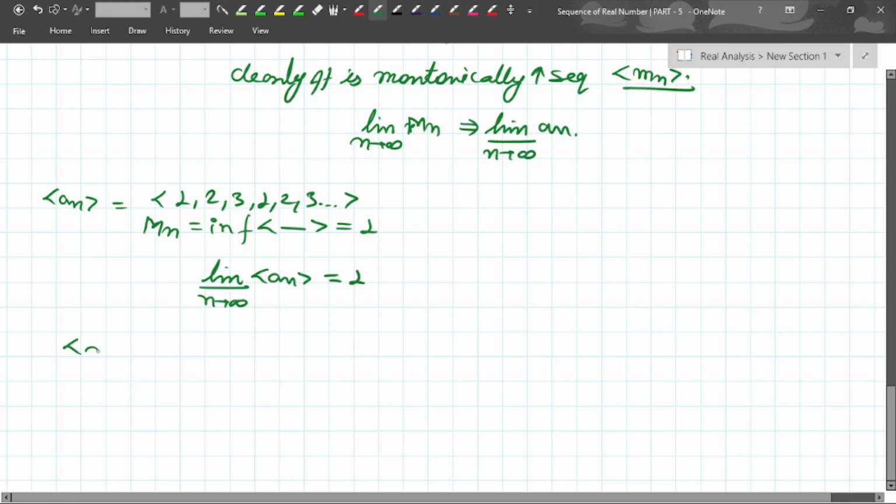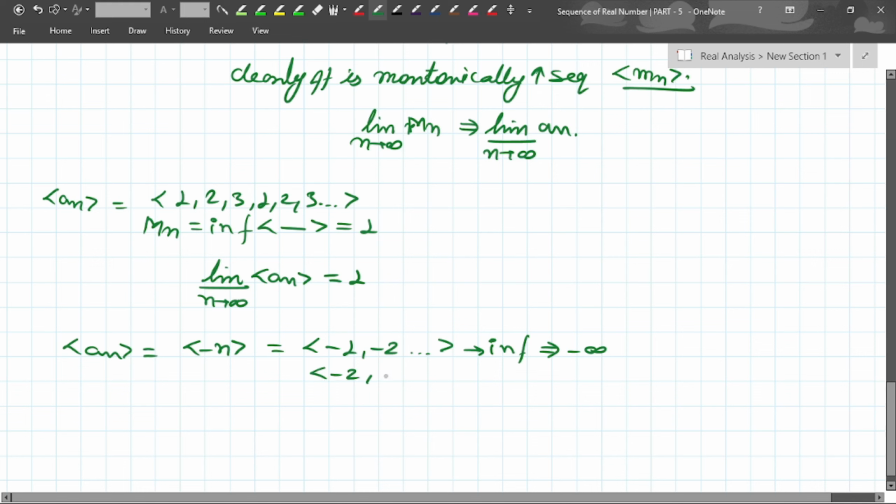Let's take one more example, the negative of it. In this case, it is minus 1, minus 2, and so on. Okay, this one is the limit superior. The limit inferior is minus infinity. The infimum in this case is going to be minus infinity.